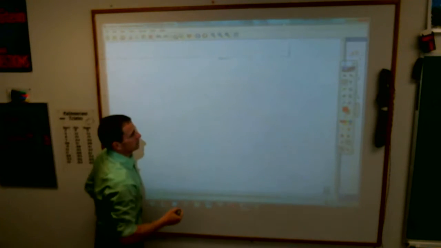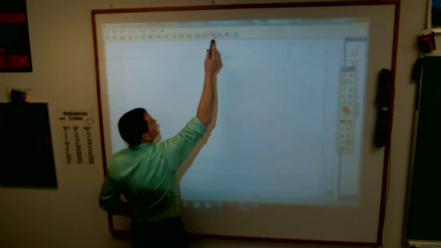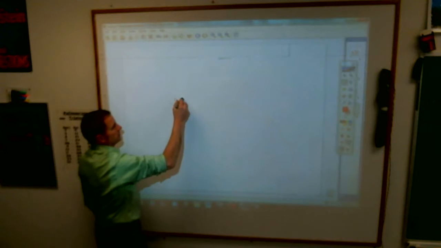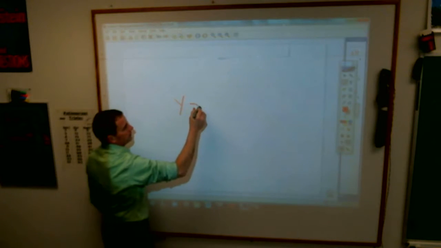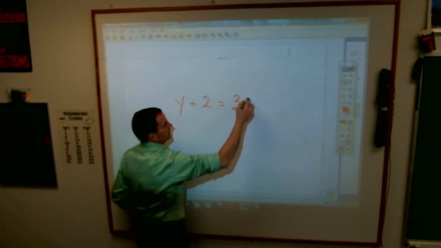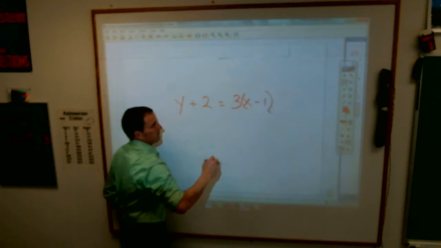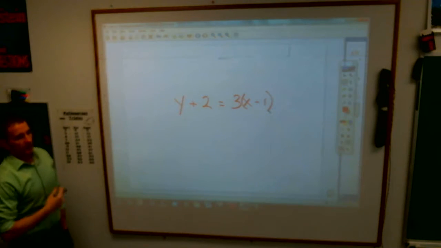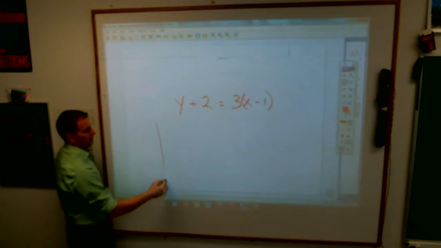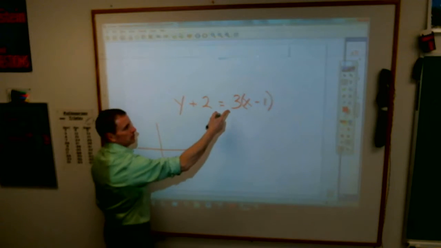Let me go from scratch here. So let's say your point slope form is y plus 2 equals 3 times x minus 1. In order to graph that, I just need a point on the line and the slope of the line.